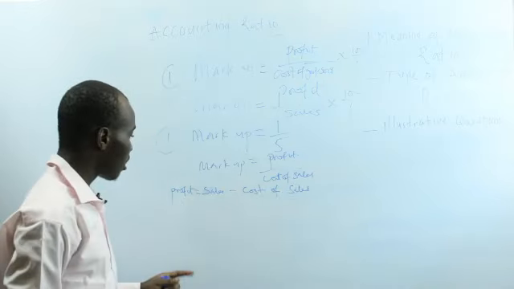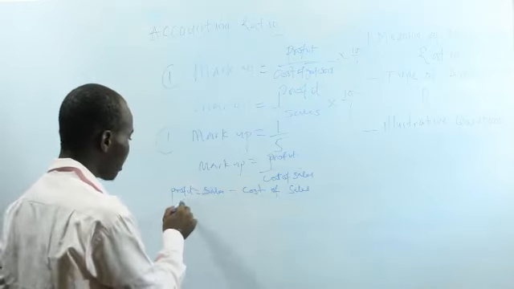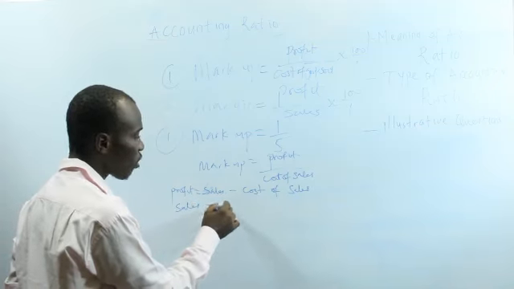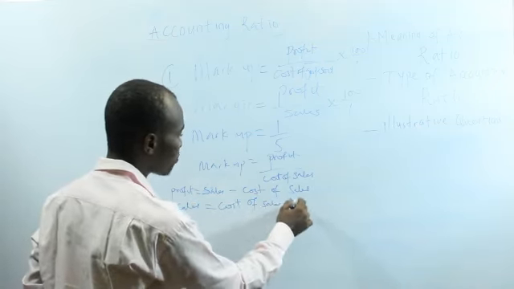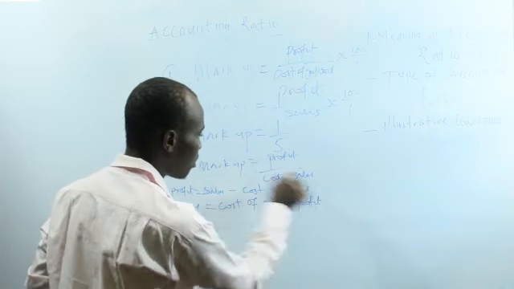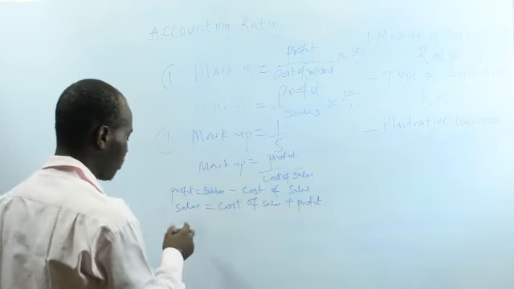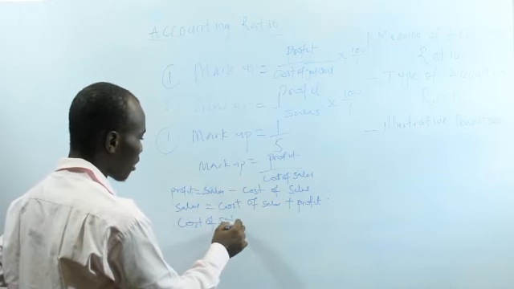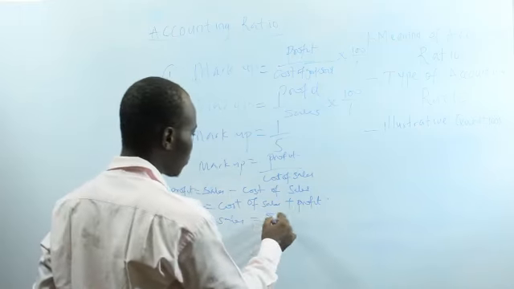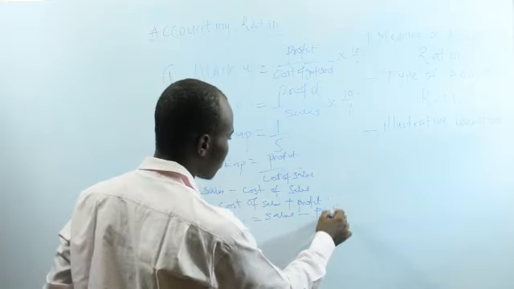So the profit is equal to sales minus cost of sales, and sales is equal to cost of sales plus profit. And again, cost of sales itself can be calculated as thus: that is sales minus profit.